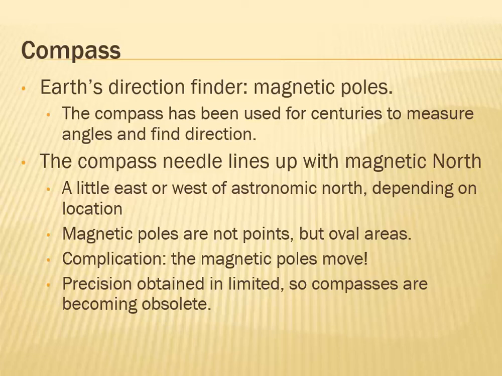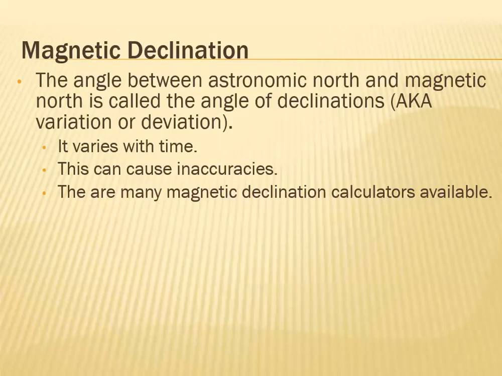Compasses are becoming more and more obsolete, and we're using other methods such as GPS. But they're useful for certain things, especially as an assumed or beginning reference point. In general, people are moving away from compasses because they change depending on time, place, and location.